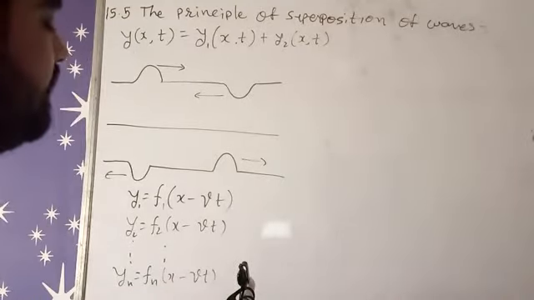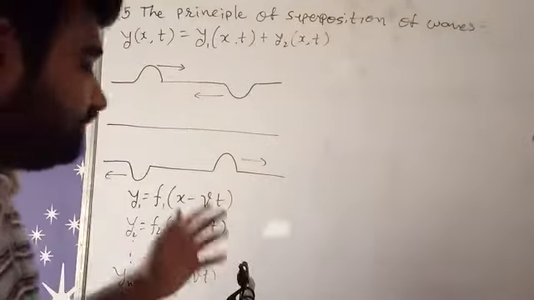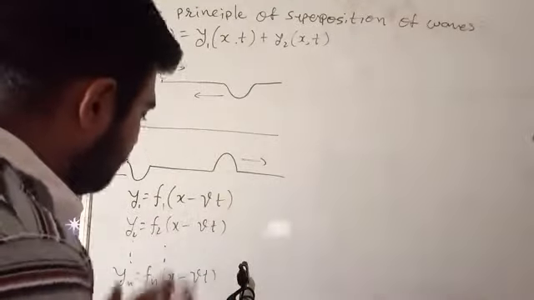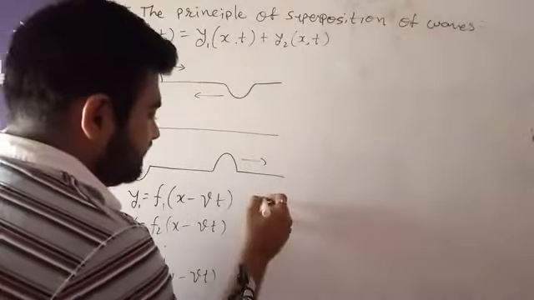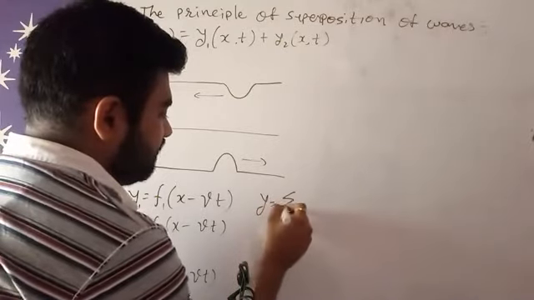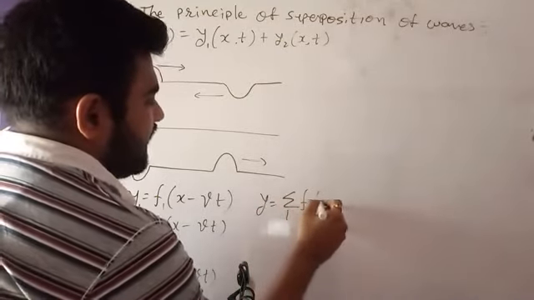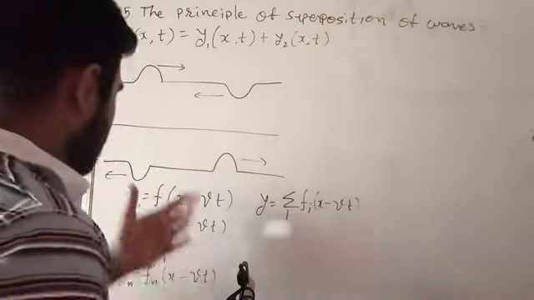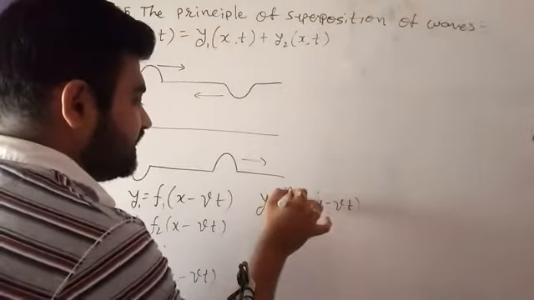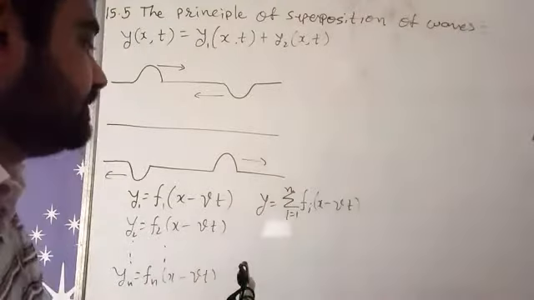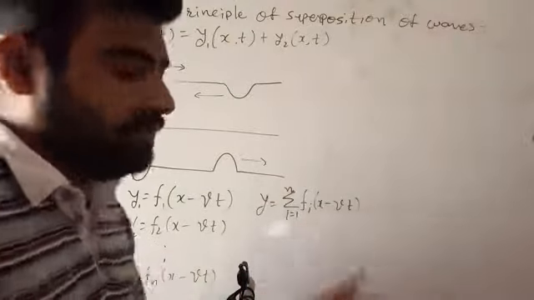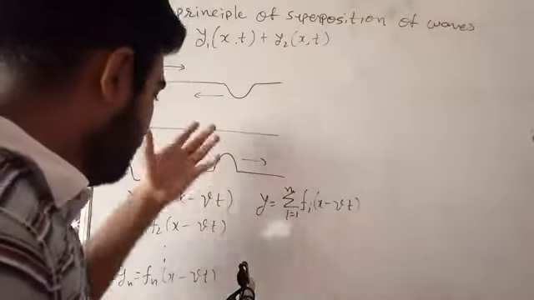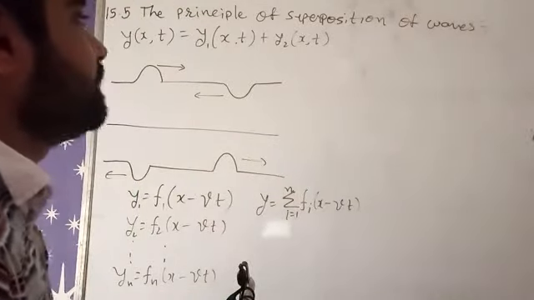If all these waves are superimposed at some particular point, then our resultant will be y = sigma fi(x minus vt). If there are n waves, then I have to write i equal to 1 to n. So this is our resultant, right? The algebraic sum of all the waves.